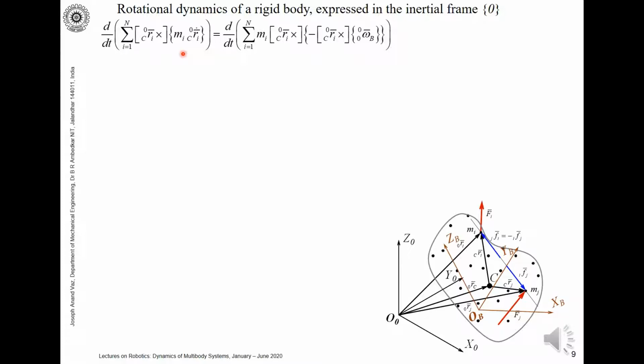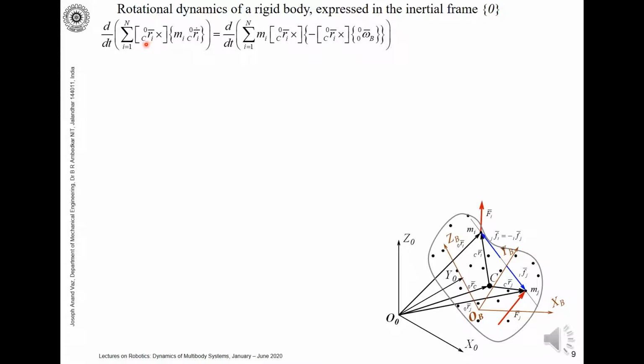Now, when we make it a rigid body, the length of the vector from the center of mass to the point I does not change, because on this body all the points are fixed. This frame is fixed on the rigid body.